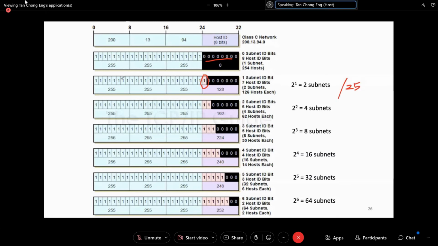This is 8 plus 8 plus 8 plus 1. 3 times 8 equals 24, then plus another one, 25. So this 25 refers to the number of 1s here. So the number of 0s behind is going to be less. This one got 2, so this is /24 plus 2, /26. Okay, as simple as that.